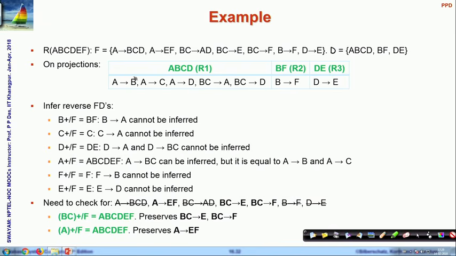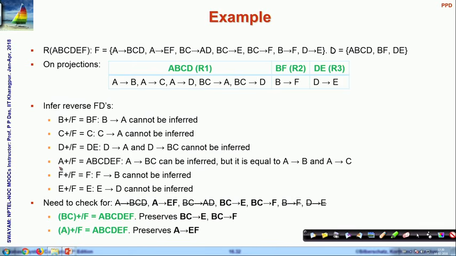In case the right hand side here is B, you compute the closure with respect to F, the original set, not the projected set, and you get B F. So, you know that this reverse functional dependency, which is B functionally determines A, cannot be inferred. And you do this for each of the right hand side single attributes and check if the reverse dependencies can be inferred or not.